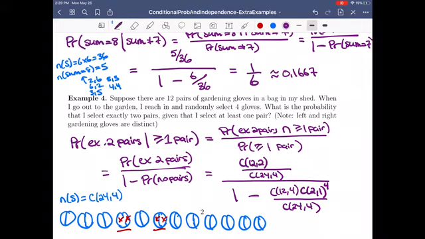And then for each of those kinds, I'm going to take both their gloves. So I'm going to do 2 choose 2 squared. Two choose 2 is a 1 though, so you don't actually really need that. Now we could have done, because the sample space is uniform, we could have done this with just counting, but then the 1 would have had to change to a 24 choose 4.